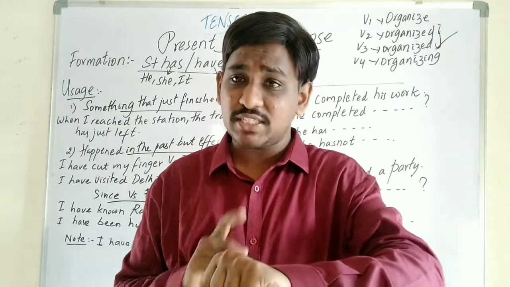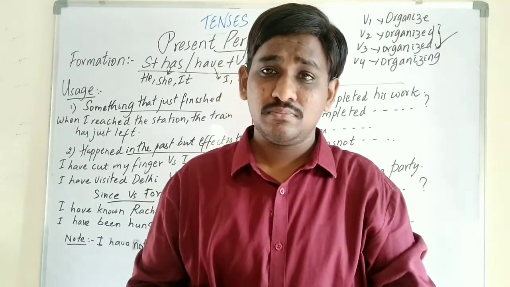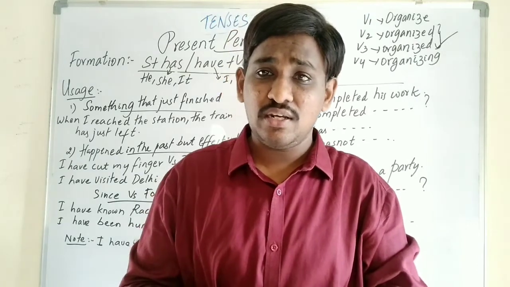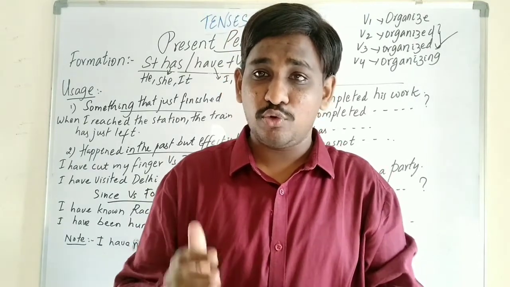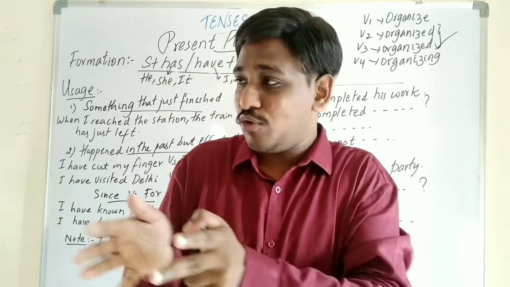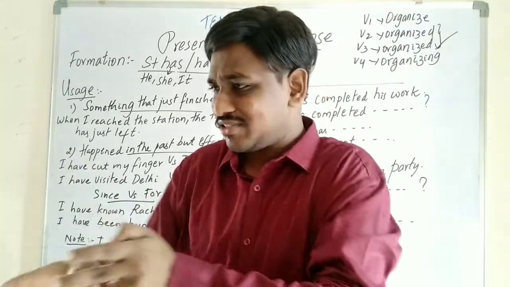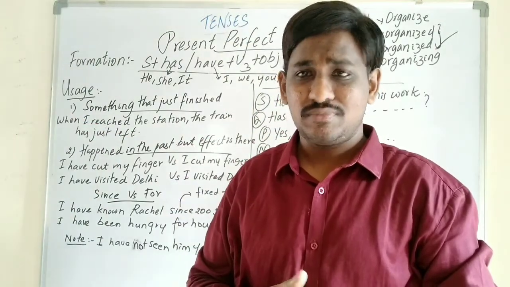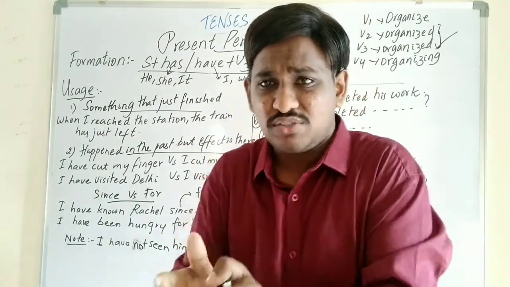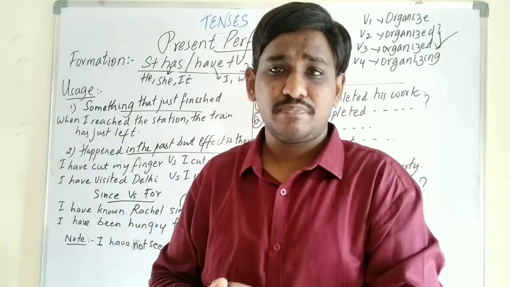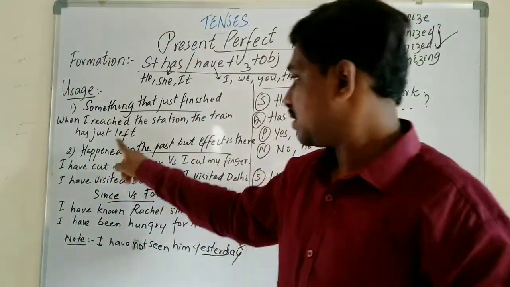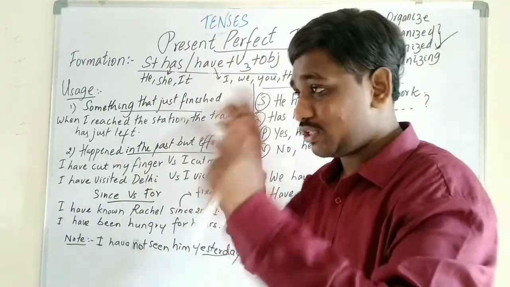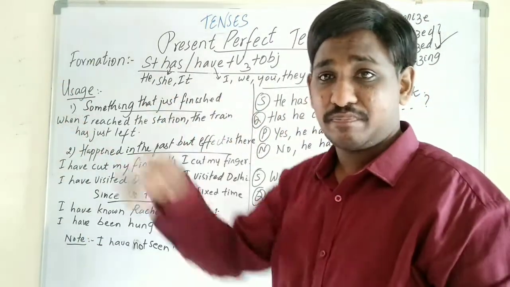Your train is at 10 a.m. You arranged your bag and you reach the railway station at 10:03. When you reach the railway station, you find the train has just left. It's leaving. So the train has just left. An action which has just completed. For that case you use: when I reached the station, the train has just left. You just see it's leaving.